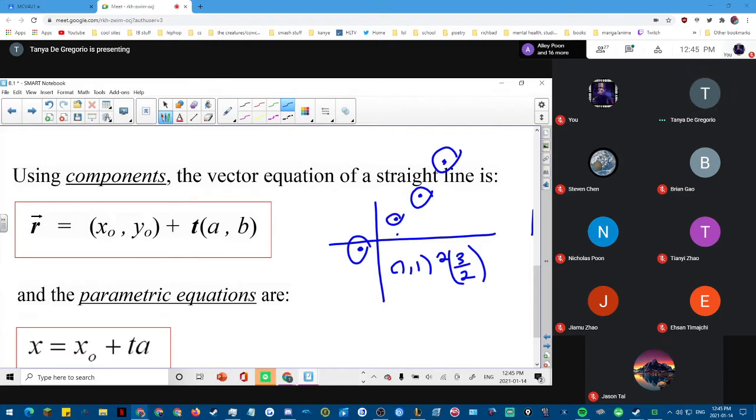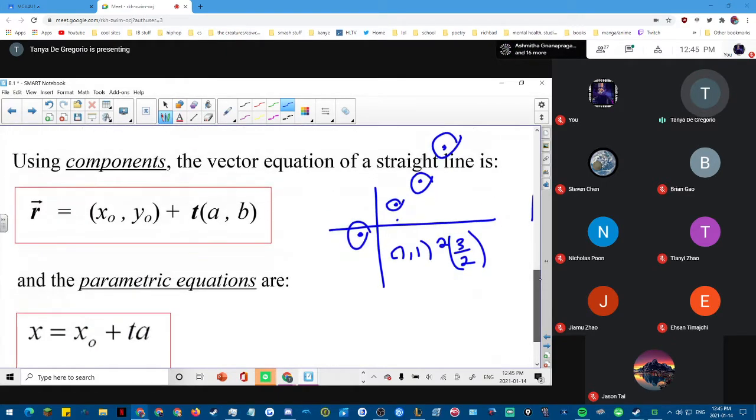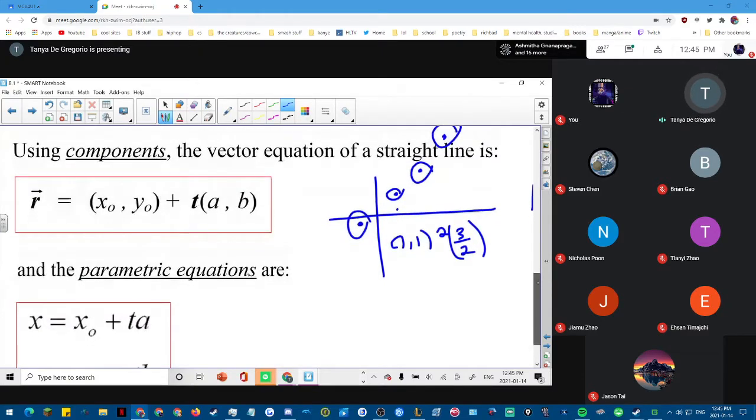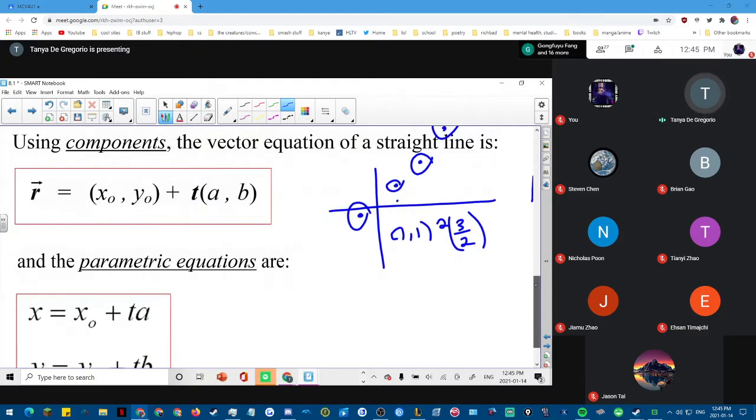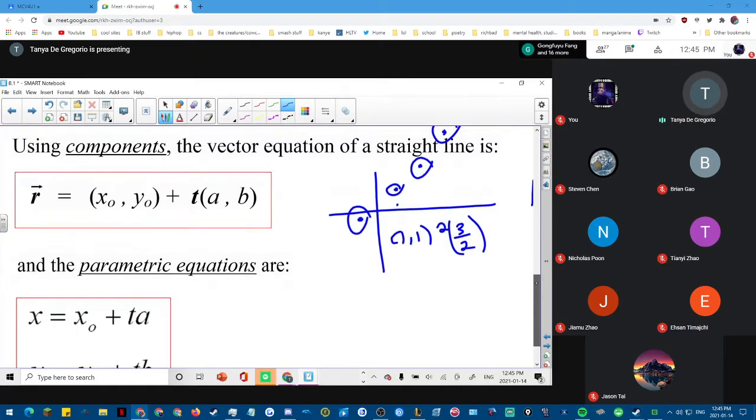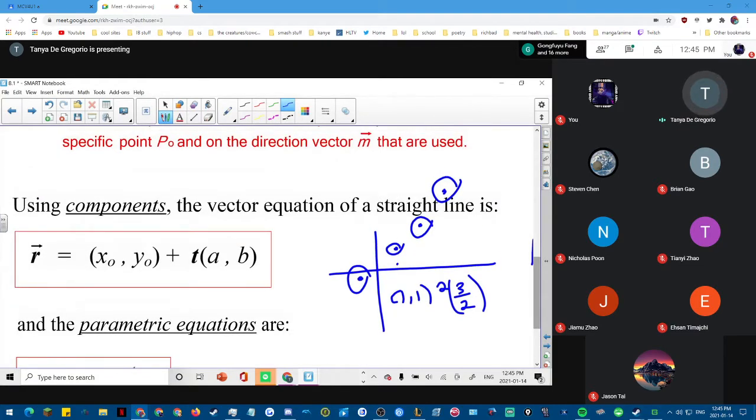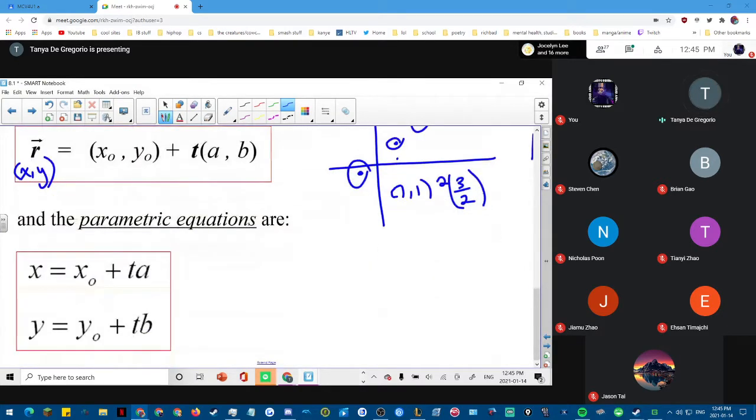So it's okay. Now, another way to show a line is using parametric equations. Parametric equations is when you solve for your components x and y. So basically, this vector r as components, we can just say is x comma y. And so here now, I'm saying x is equal to x naught plus t times a, y is equal to y naught plus t times b.